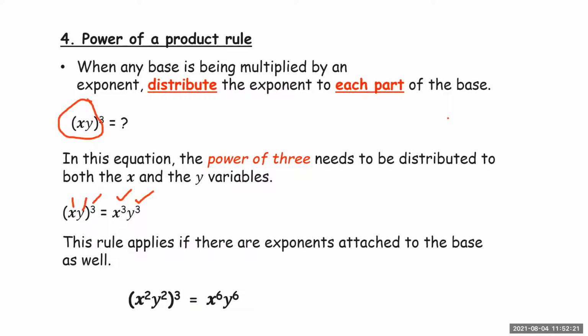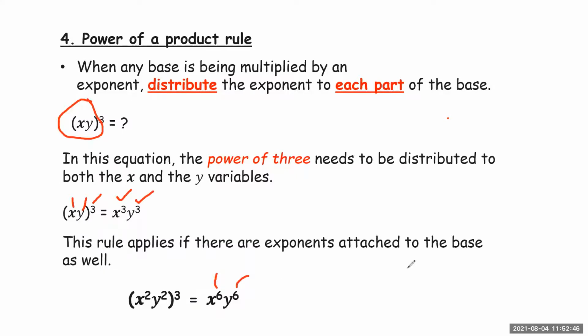This rule applies even if there are exponents attached to the base as well. So in case instead of x I have x power 2, then it becomes x power 2 power 3 times y power 2 times 3. 2 times 3 gives you 6. So x power 6, y power 6.